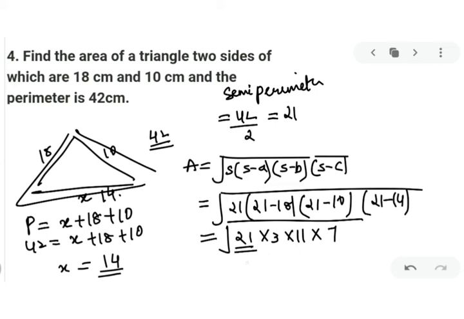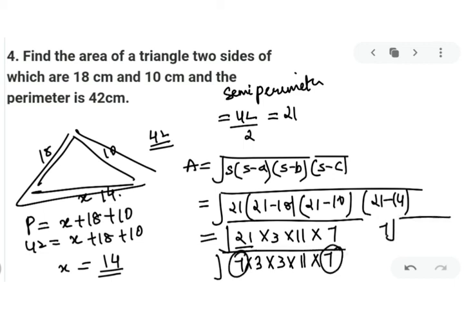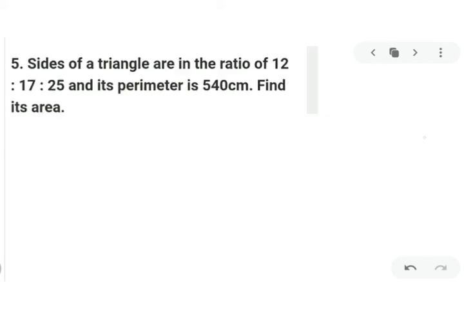So I will now put up the factors. Can I write 21 as 7 and 3? And the rest I'll keep as it is. You will notice that 7 can be taken out because it has a pair. 3 can be taken out because it has a pair, but 11 we cannot. So our answer is 21 under root 11.